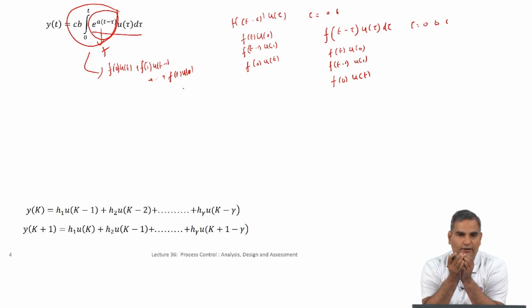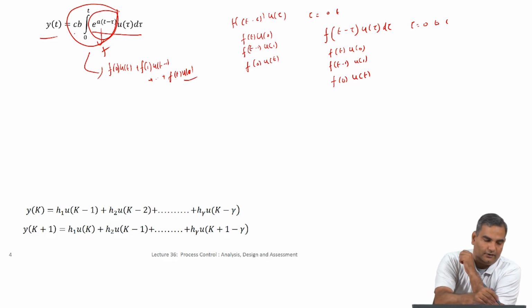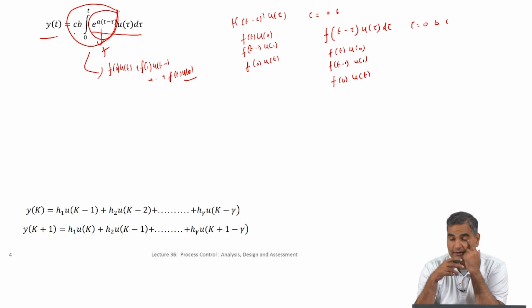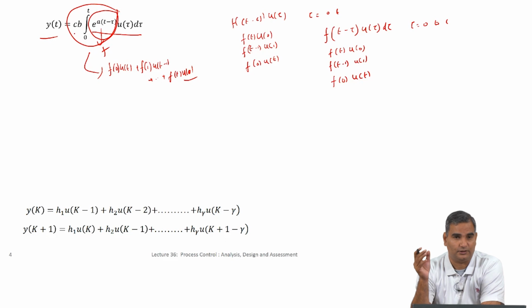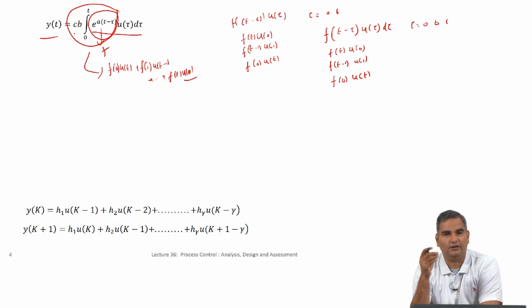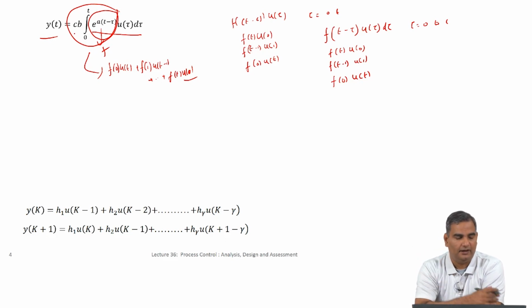So, every control move here has an effect on the output. Whatever you have done in the past also has an effect on the current situation that you are in. Similarly, all the control moves that you have made in the past have an impact on the current output, and depending on how far in the past you made that move, there is a corresponding weighting that goes with that. Okay.